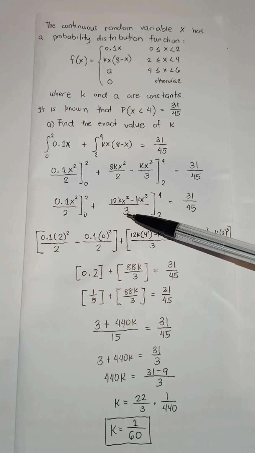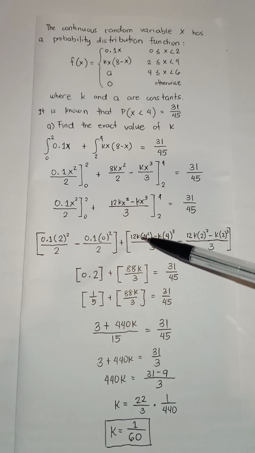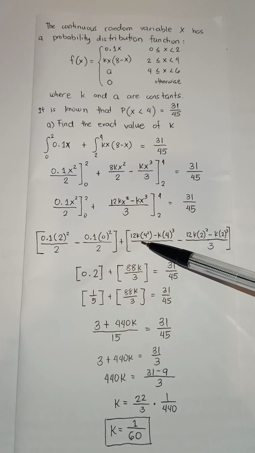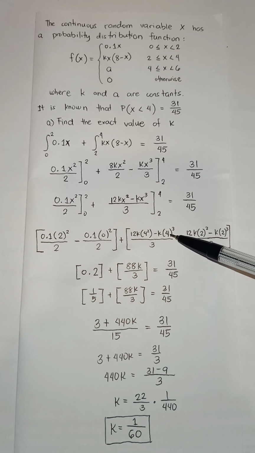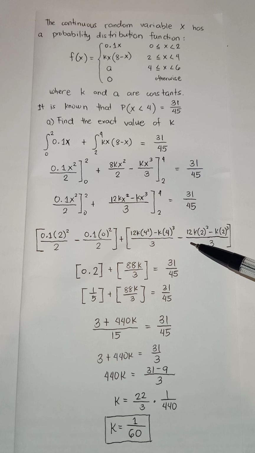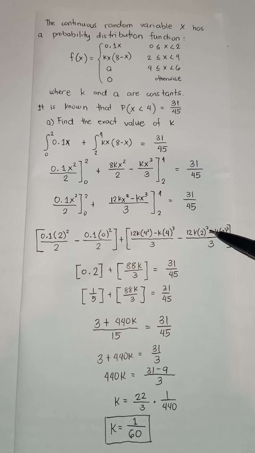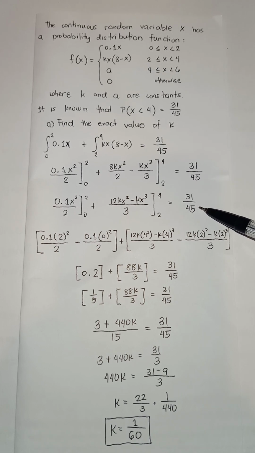Plus this one, substitute the limits, so substitute 4 first: 12k times 4 squared minus k times 4 cubed over 3, minus substituting 2 into x: 12k times 2 squared minus k times 2 cubed over 3. Okay, and this should be equal to 31 over 45 still.